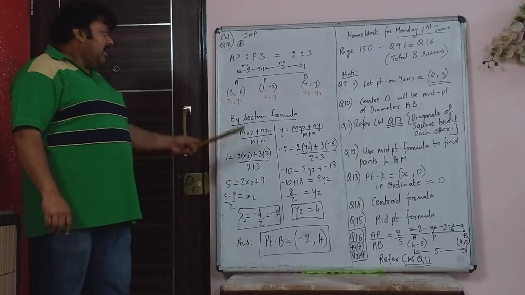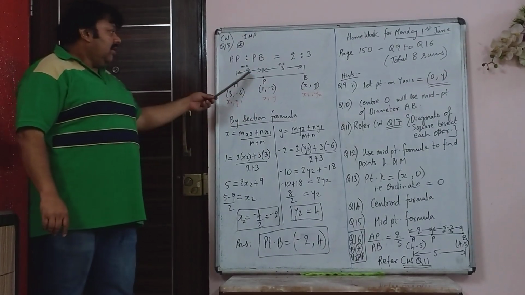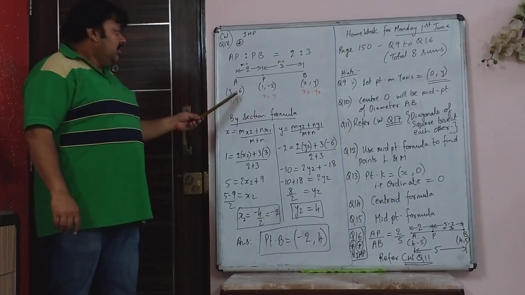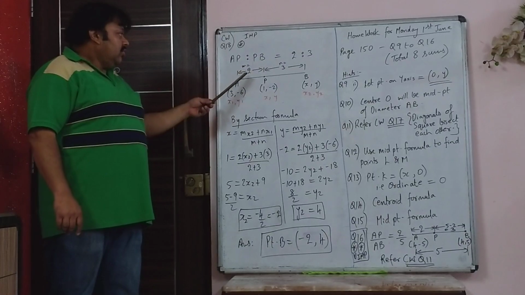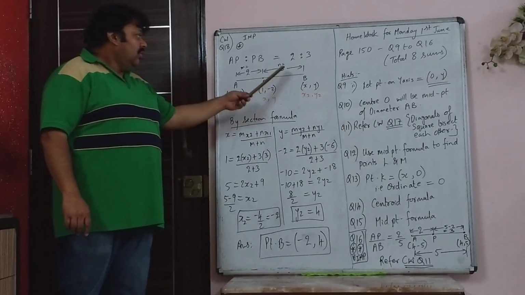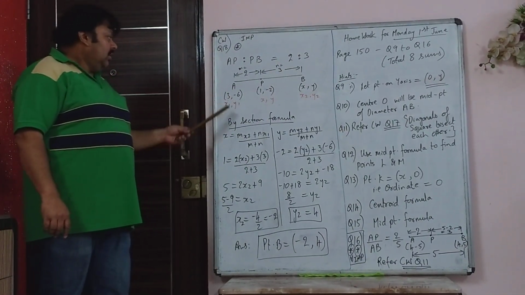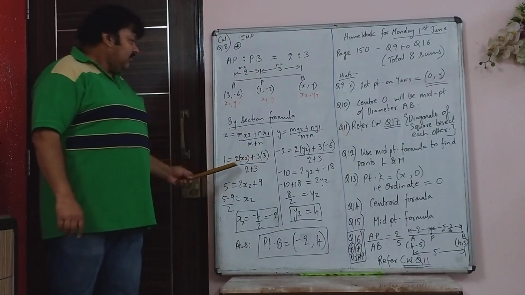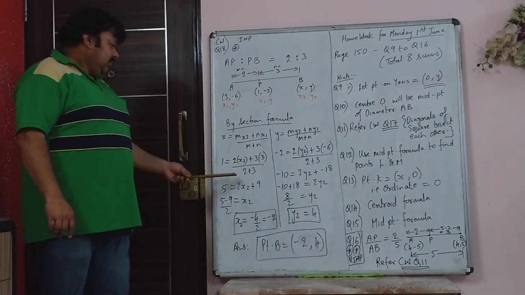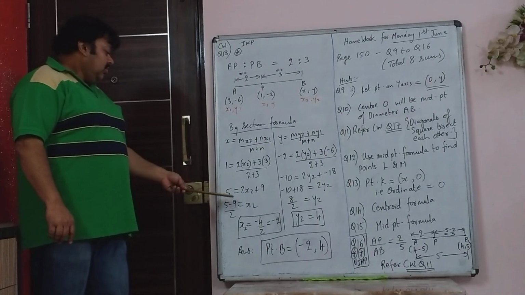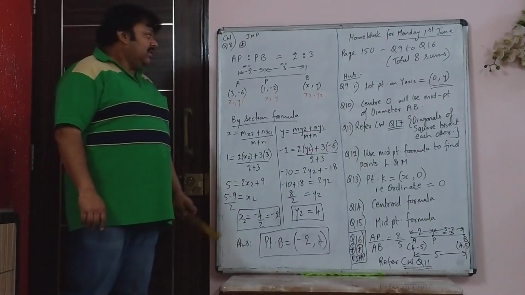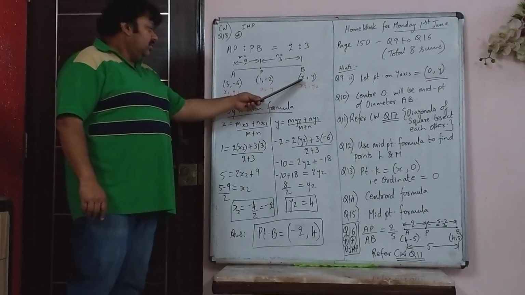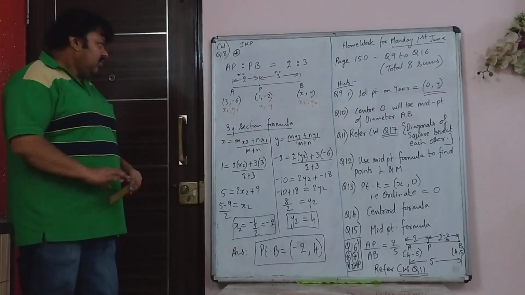In this you will get x is (m x2 plus n x1) upon (m plus n). So (2 into x2 plus 3 into 3) upon (2 plus 3) will give you 1. So when you solve it, you get x2 is equal to minus 2.